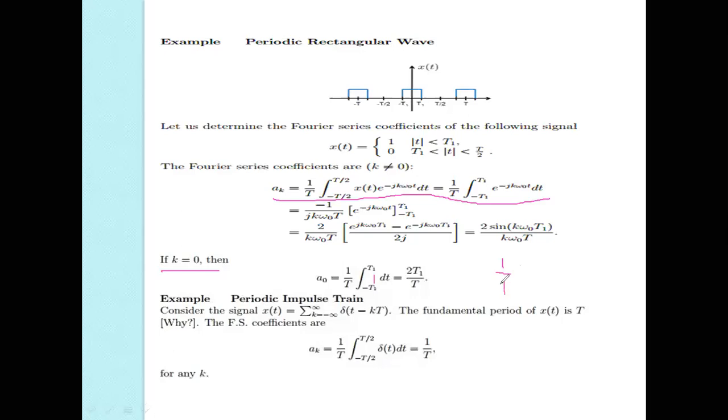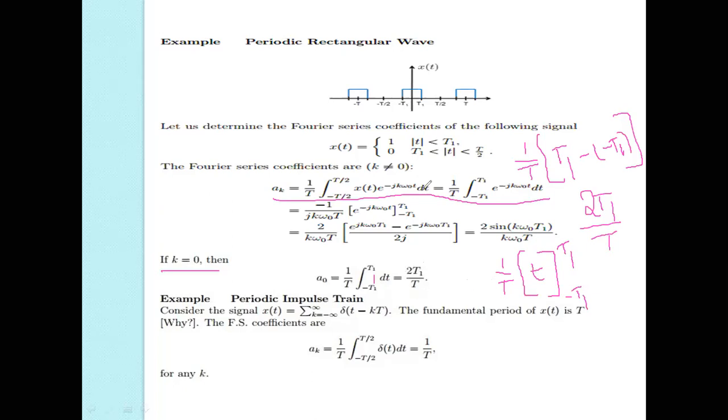So 1 by T, integral 1 into dt is t, upper limit is T1, lower limit is minus T1. So 1 by T, substituting T1 minus of minus T1, becomes plus 2T1 by T. So a of 0 is equal to 2T1 by T.